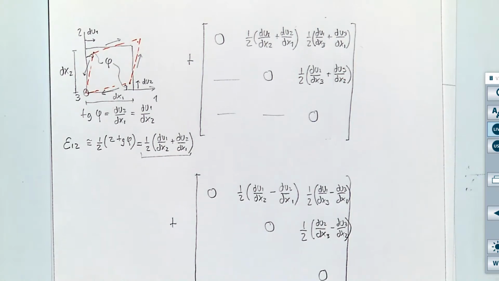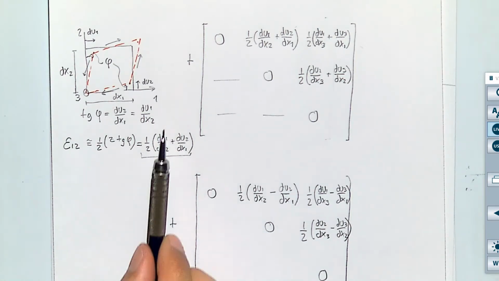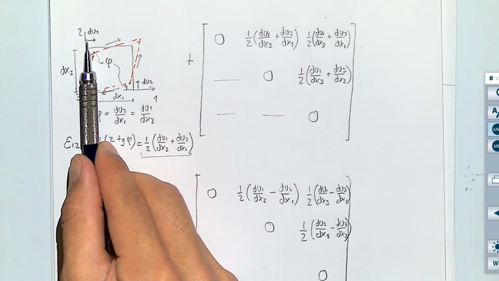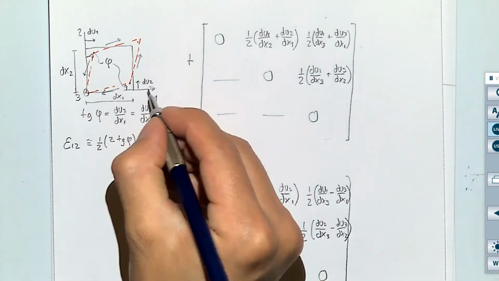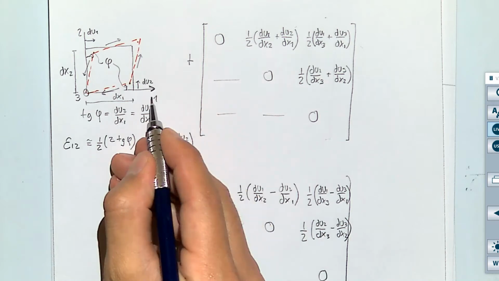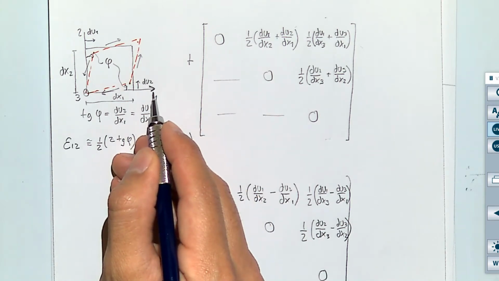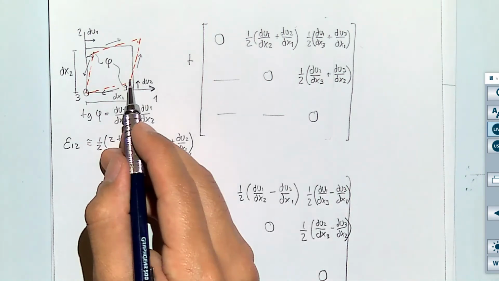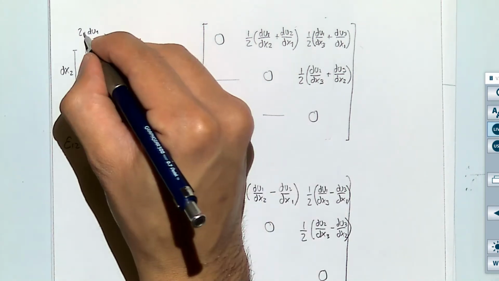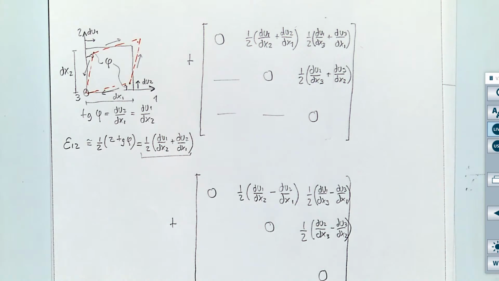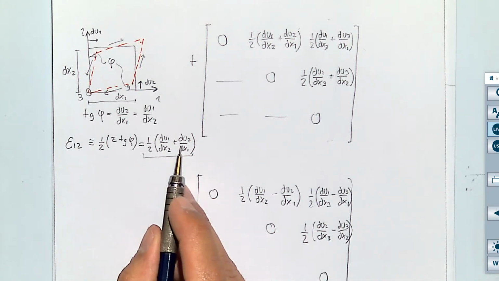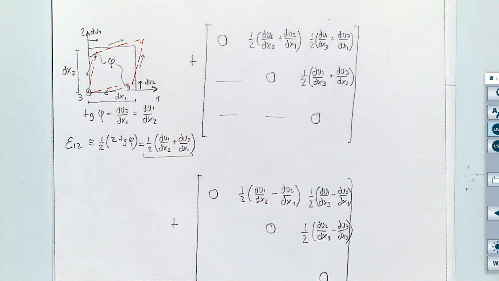Before we do that, I just want you to notice that the displacement in direction 1 went to the right, in the same direction as this axis, so it was a positive displacement. And this one in direction 2 also went up in the direction of the axis 2, so it was also a positive displacement. So these two are going to add up into a positive number.